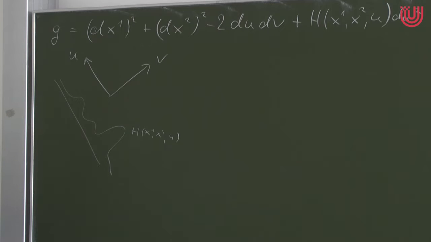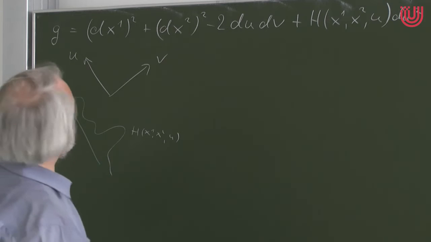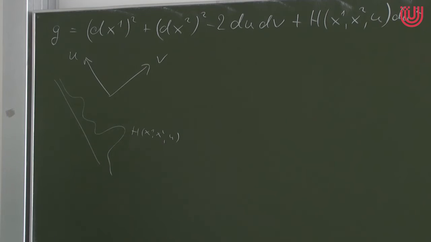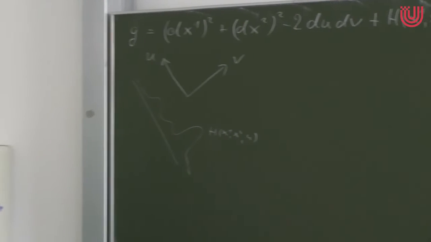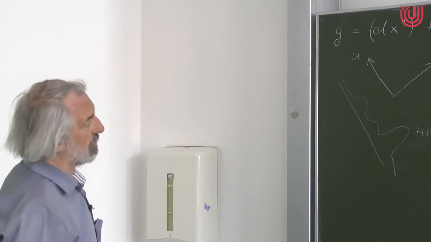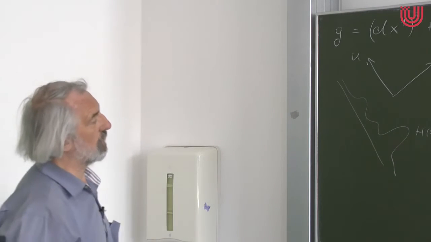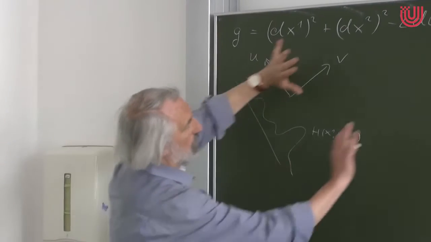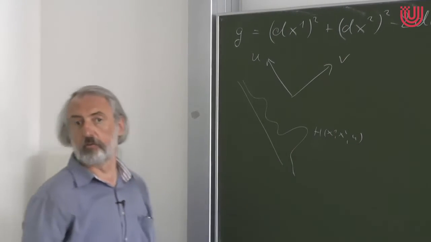Yeah? And because everything is translation invariant in the v direction, we have shown in the last worksheet that this vector field d by dv is an absolute parallel vector field. So in particular, it is the Killing vector field. So in this direction, I have a symmetry. So this profile doesn't change when the wave propagates in the v direction.